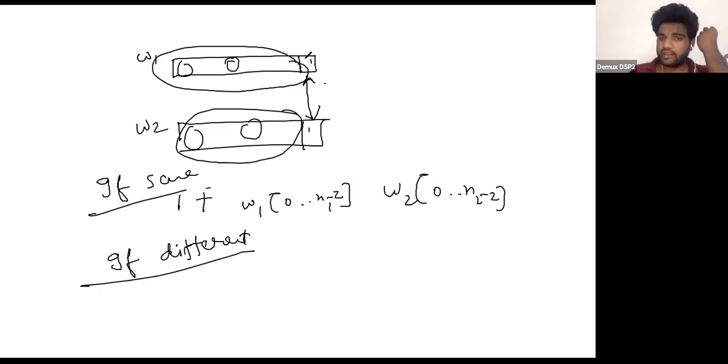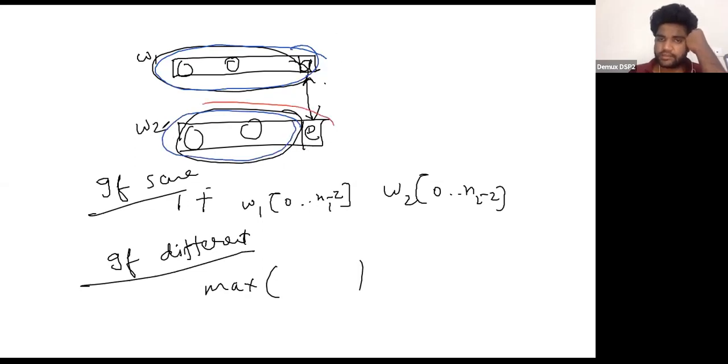If they are not the same, so think this is A and this is E. What will be the longest common subsequence of these two? The longest common subsequence will be max of, no, think a little more. The longest common subsequence will be the max of the longest common subsequence that you get for this and this, and the longest common subsequence that you get for this and this.